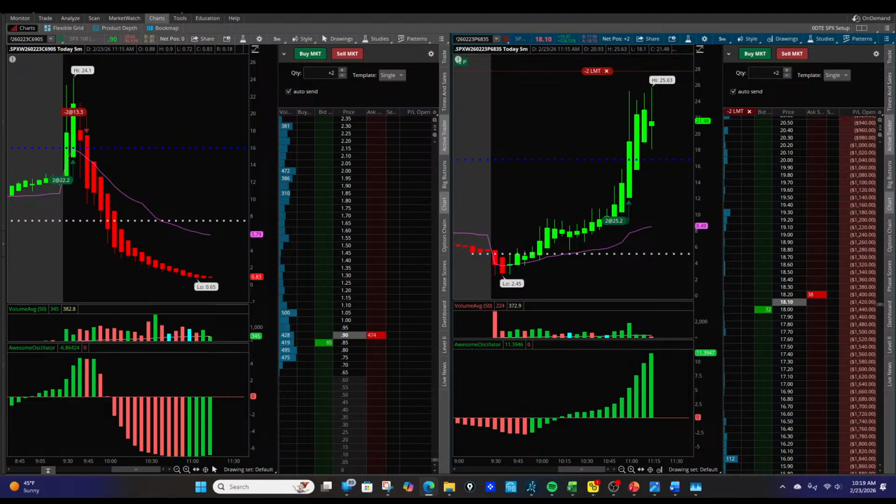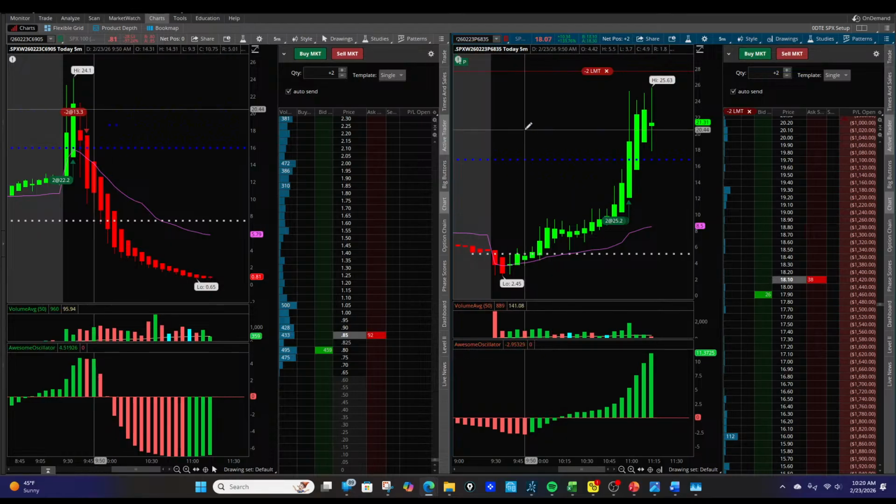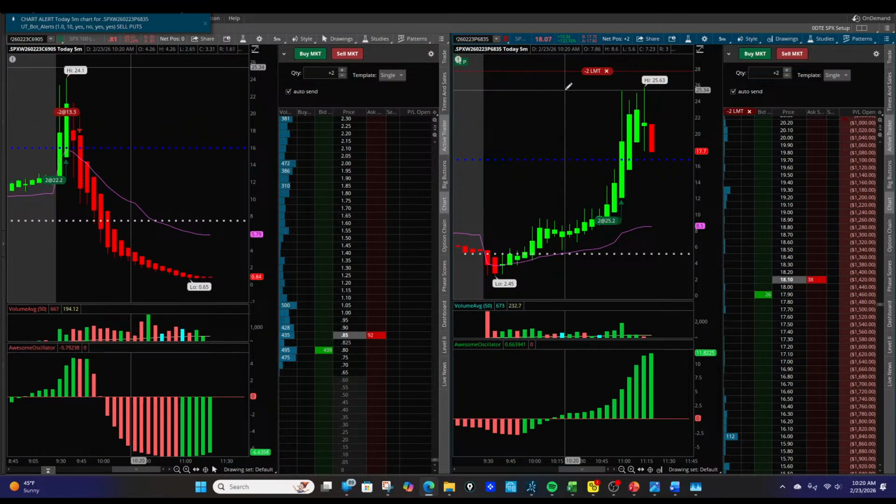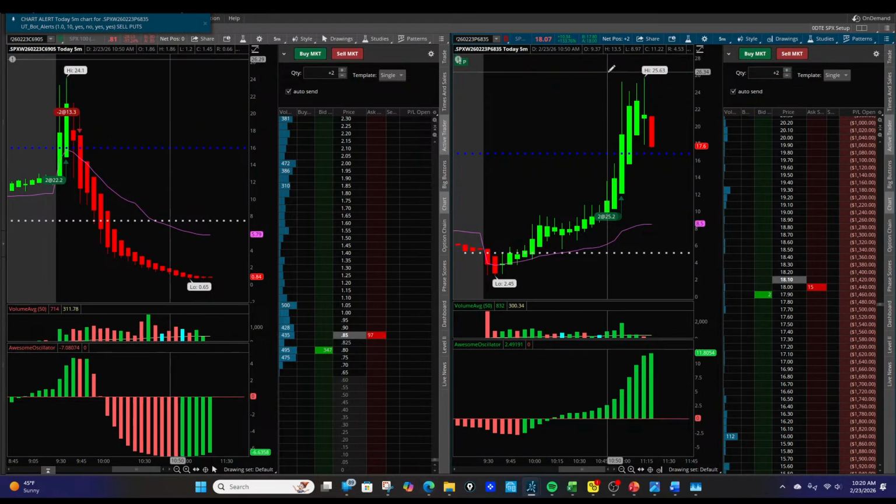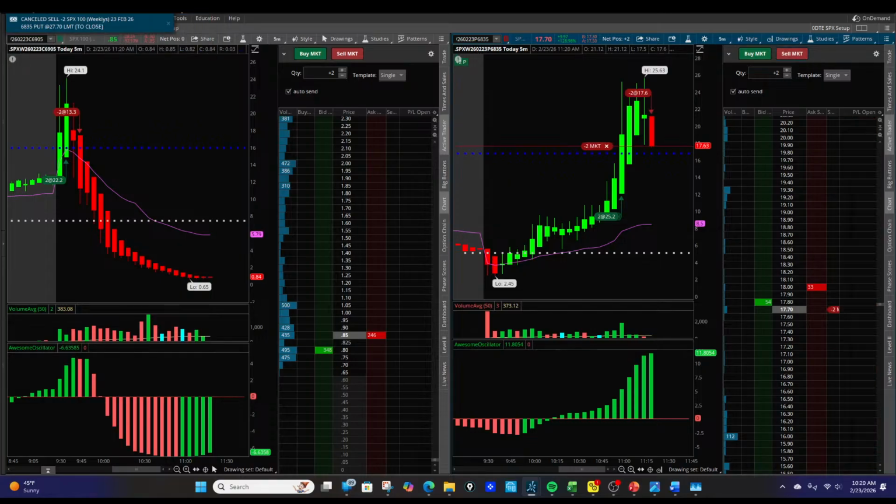And we've got like a doji. Okay, so. All right, a minus 1260. Okay. Should have stayed out of it.